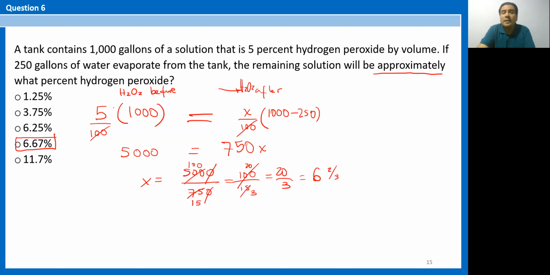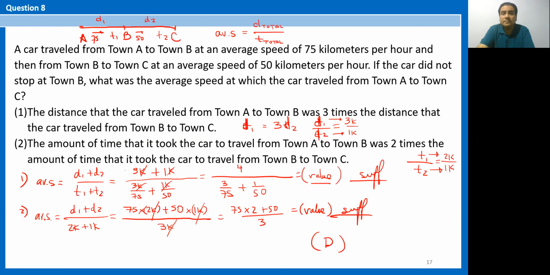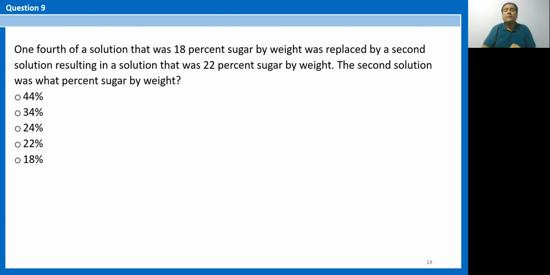So let's do exercise 9. 1/4 of a solution that was 18% sugar by weight was replaced by a second solution, resulting in a solution that was 22% sugar by weight. The second solution was what percent sugar by weight? All right, so let's have it clear.